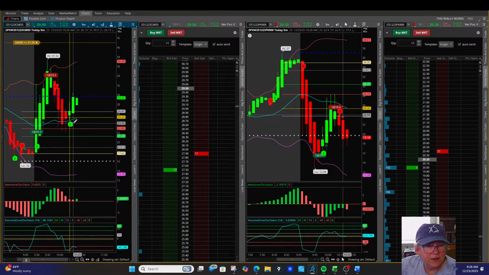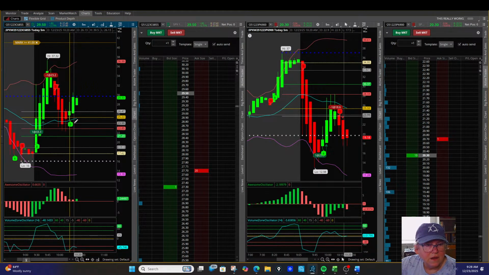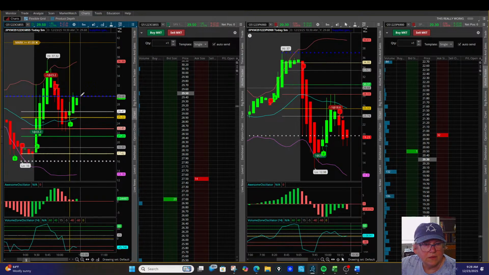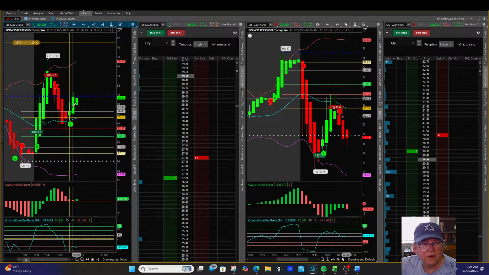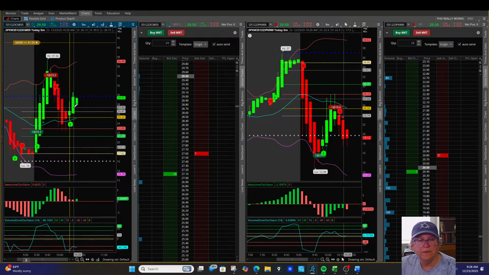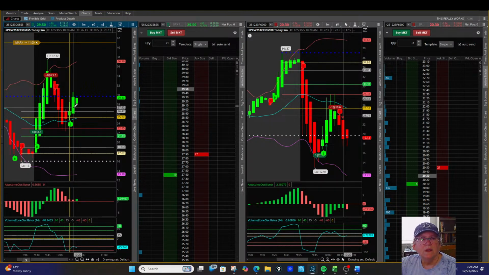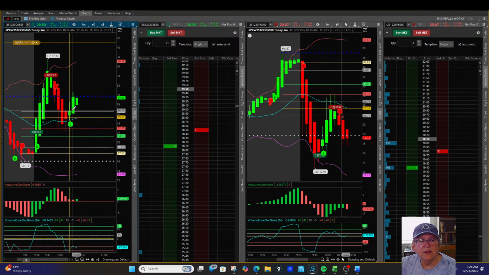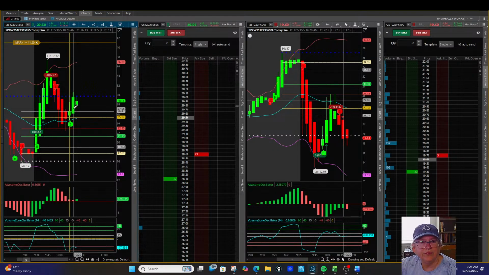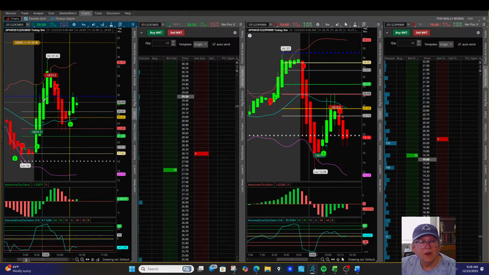Well, anyway, if you can see, the real body did not go through the overnight high, just the wick. The wick, what it does is it says, okay, this is a possibility. When the real body goes through, it says, okay, this is going to happen.